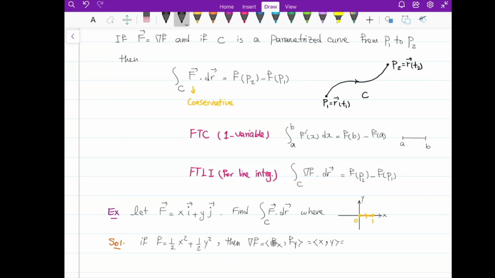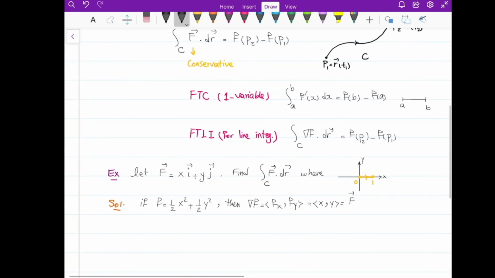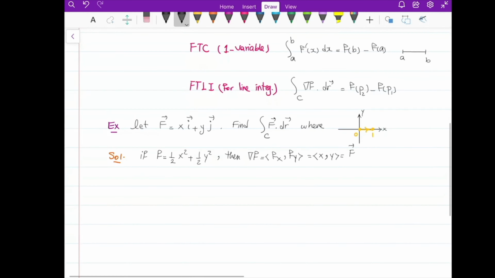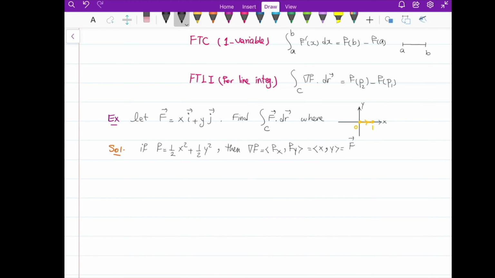As you see, this is your given vector field f. Perfect. So I found the potential function. So the given vector field is conservative, and I can use the fundamental theorem for line integrals here.